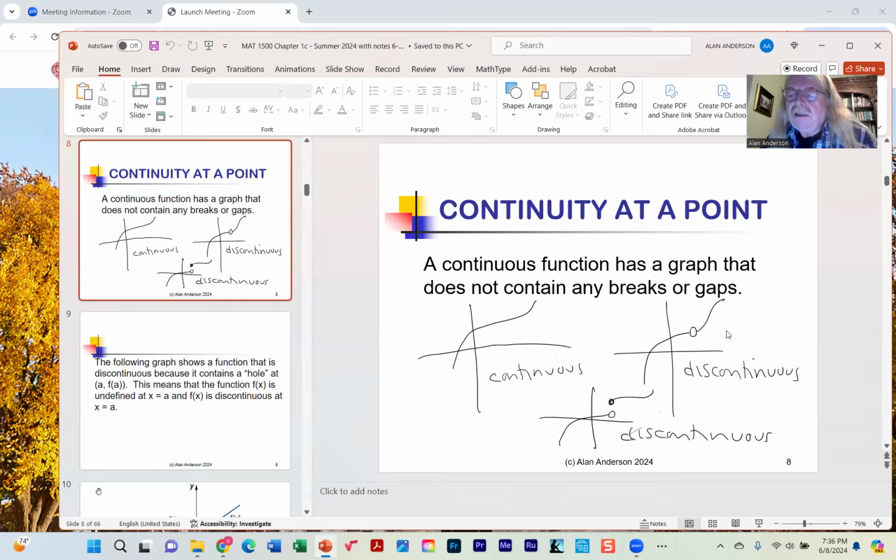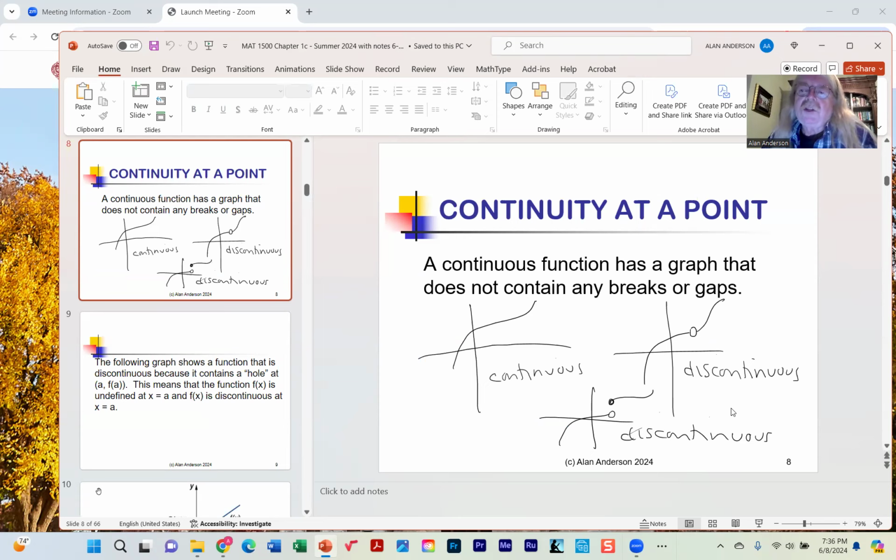The one on the far right is discontinuous because there's a hole here. That probably means that there was division by 0 in the original function at that point, although there could be other reasons for this. Now down here we have a special case where there is a discontinuity, and not only that, but the curve itself starts at a completely new point and then continues on from there.